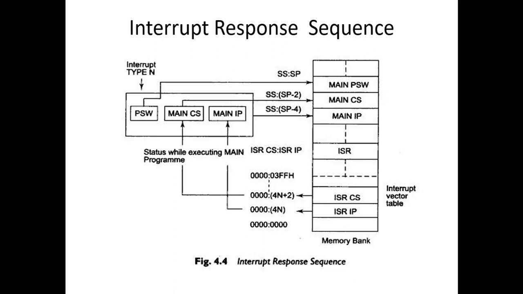If, after starting this ISR, any further interrupts are to be responded to during the time the first interrupt is being served, then the IF should again be set to 1 by the ISR for the first interrupt. If the interrupt flag is not set, the subsequent interrupt signal will not be acknowledged by the processor till the current one is completed.